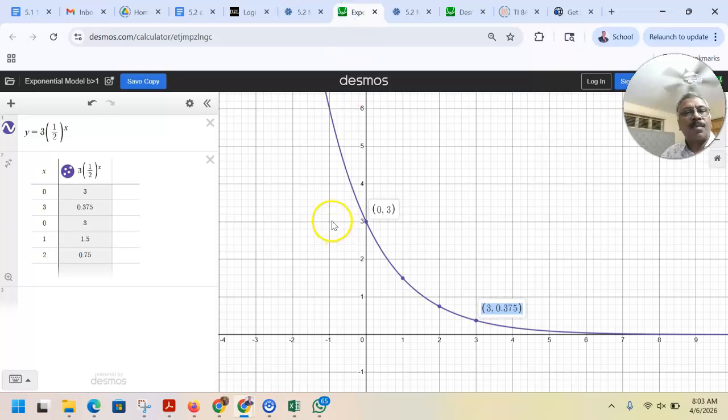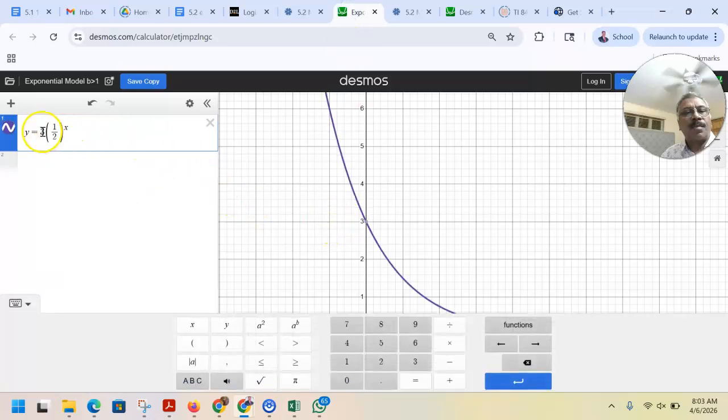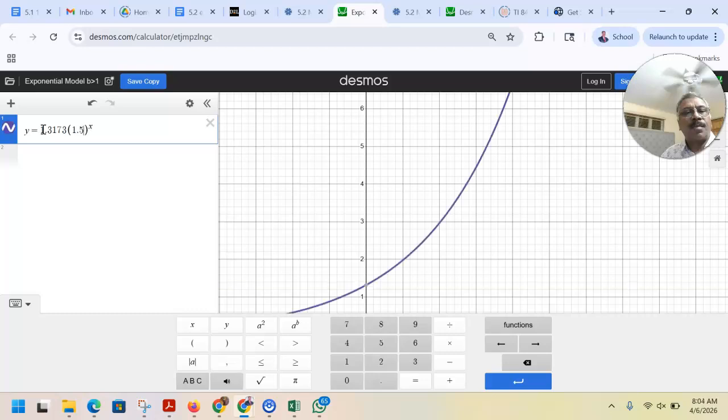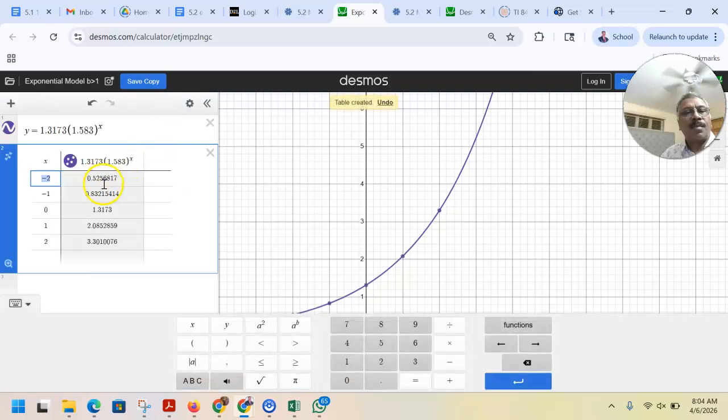So y is 1.3173, and this is 1.5183. And I can add a table and put those points, and the points were 1 and the other one was 4.